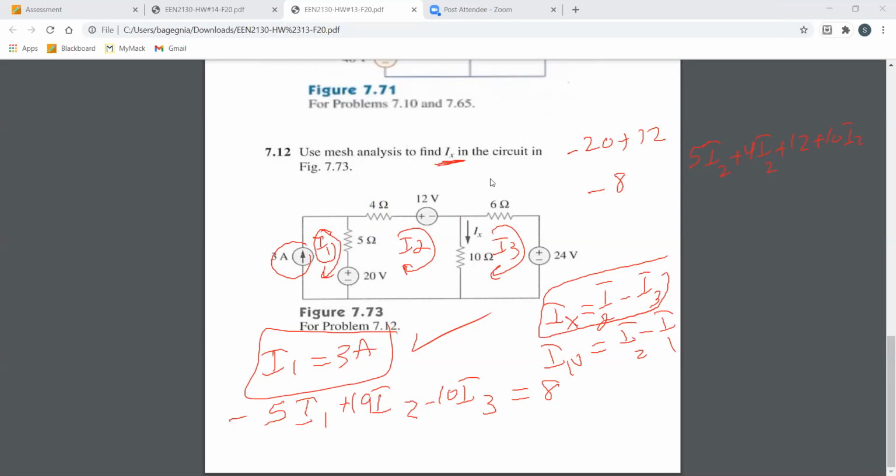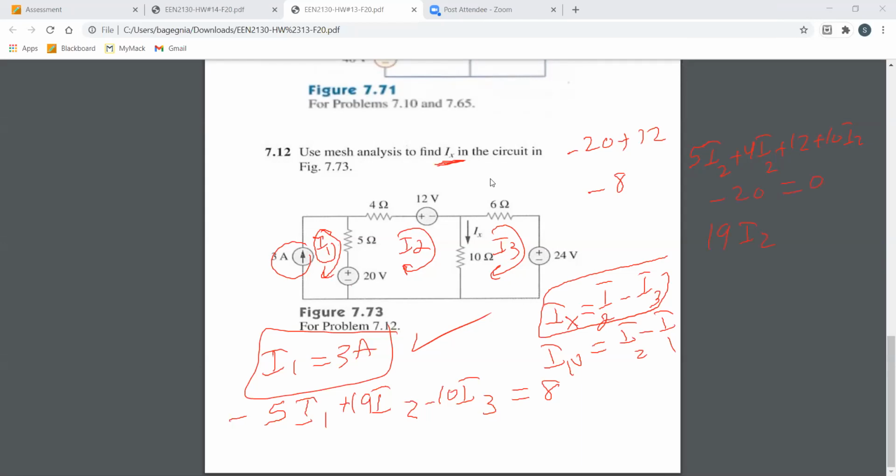So everything related to loop number 2, the volt drops will be positive, and then negative, so we're done with I2 times 10, and then negative 20 equals 0. Okay, collect all the similar terms. So I2 for I2, 5 is 9, 10, so it will be 19 I2.